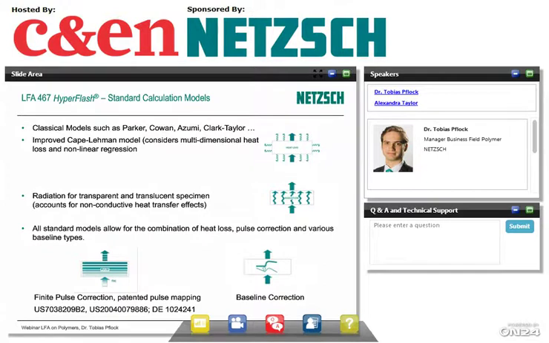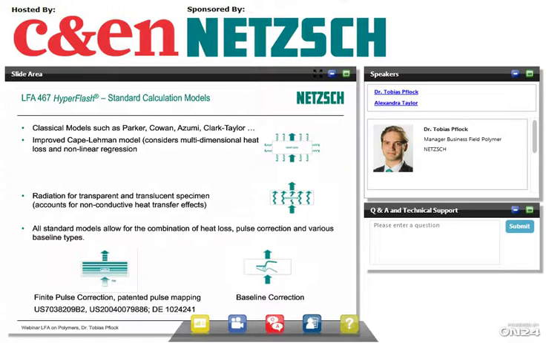And at the bottom here, you see all standard models allow for a combination of heat loss and pulse correction in various baseline types. We have to take care of the pulse shape, because the signal that we get in the end depends on the kind of pulse that we shine on the sample.